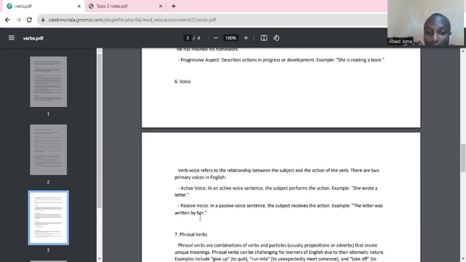We also have the passive voice. In passive voice, the subject receives the action. Example: the letter was written by her. So, what is it that is receiving the action?